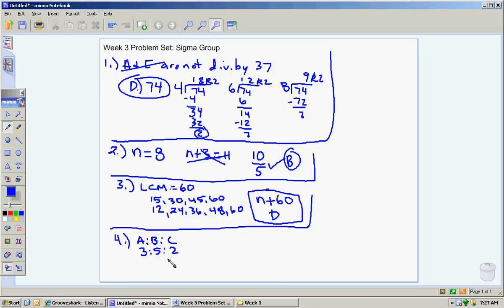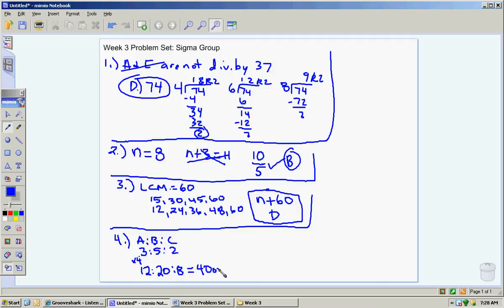We're going to multiply everything by 4, because it says in our cleaning solution we have 12 ounces of A. So 3 times 4 gave us 12, so 5 times 4 is going to give us 20 here. And then 2 times 4 gives us 8. These are all of our ounces, so we add them together, and we get 40 ounces total, which is D.